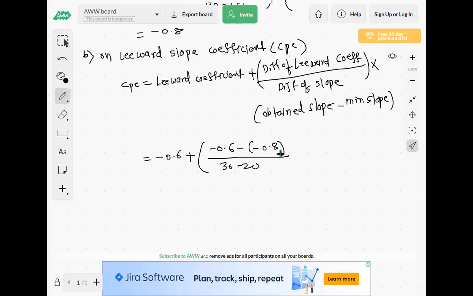Slope is 30 minus 20. Again into obtained slope is 26.56 minus minimum slope is 20 degree. So now do the calculation and tell me this value. Do the calculations.